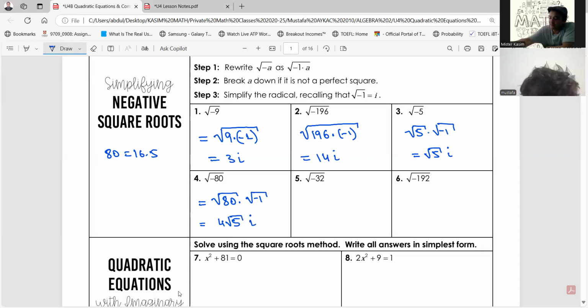Can you do questions 5 and 6, Mustafa? Do it and tell me your answer. What is this?